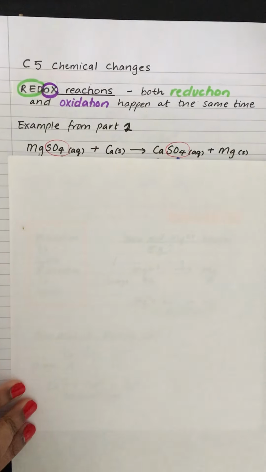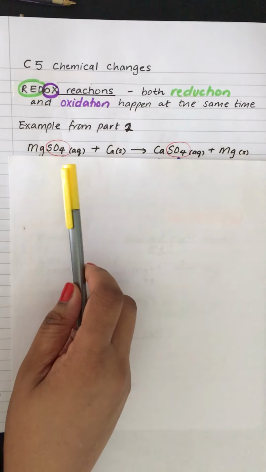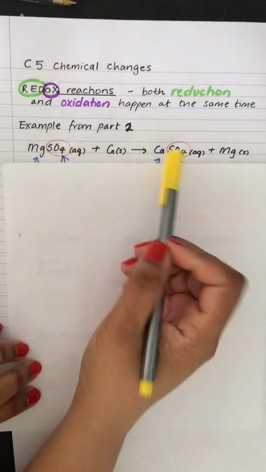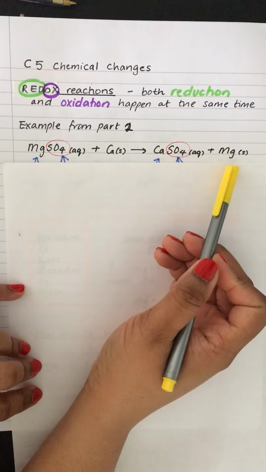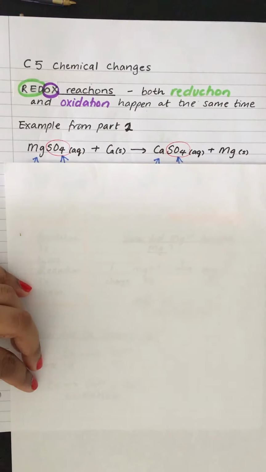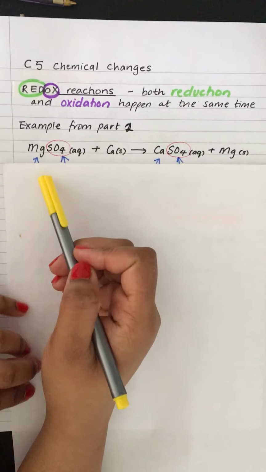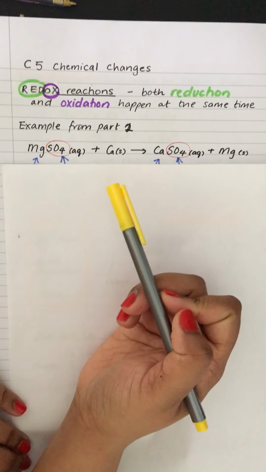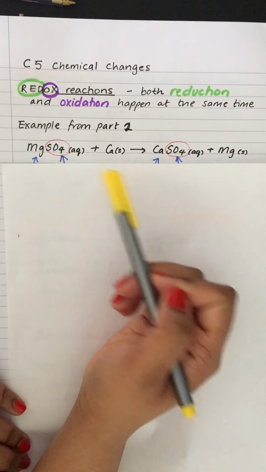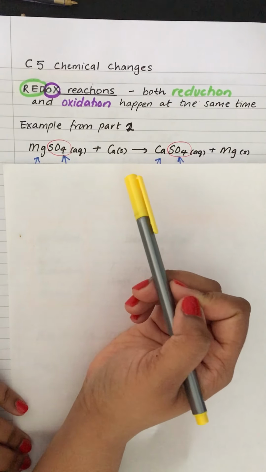Because calcium's more reactive, calcium took the place of the magnesium. Essentially it displaced it and we form calcium sulfate and magnesium. Now we're going to look into half equations, which essentially tell us what is happening to the magnesium and what is happening to the calcium when they react with sulfate.